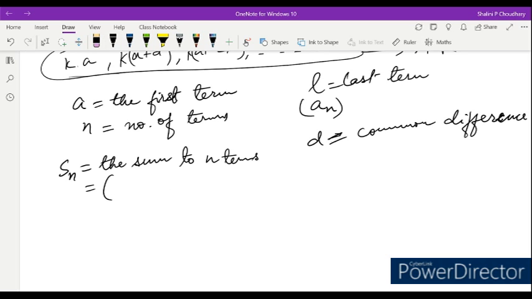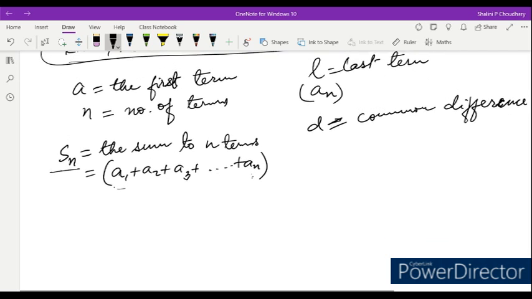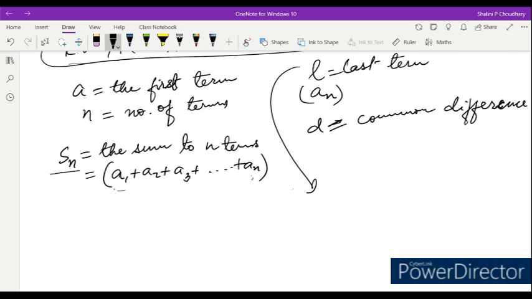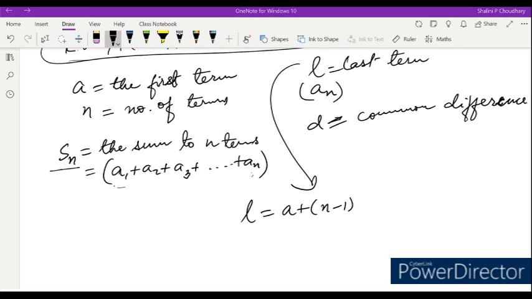We can write a1 plus a2 plus a3 plus up to an. So for Sn, we are adding from a1 to an. If we have to find S10, in that case a1 to a10 we have to add. So what will be the last term? This is the last term, denoted by l. Last term will be a plus (n minus 1)d, if there are n terms.